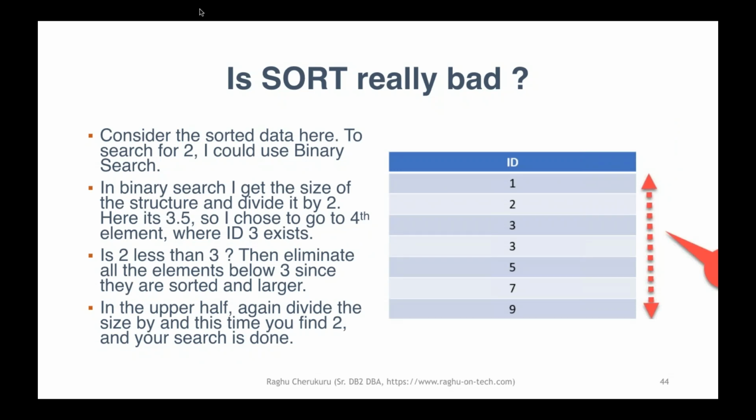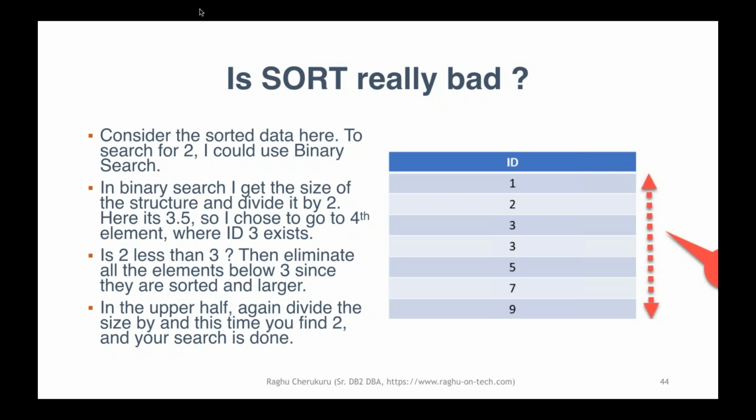So now here the data is sorted. If I want to find a 2, even if I do a scan from the top, I find 2. As soon as I find 3, I don't have to scan anymore because we know the data is sorted. And usually there are a lot of better algorithms than scanning, like the binary search, where it divides the range by half.